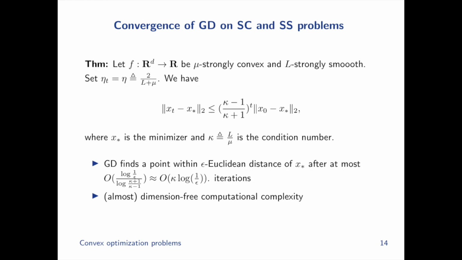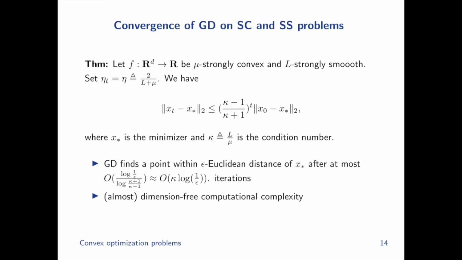The other takeaway is that if you look at this bound, dimension doesn't appear. This optimization variable x is in R^d, but nowhere do you see this quantity d appearing in this bound.